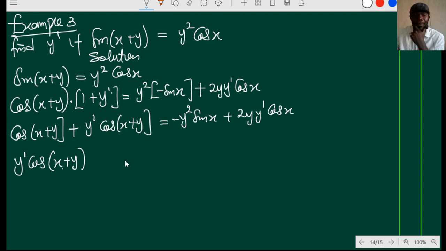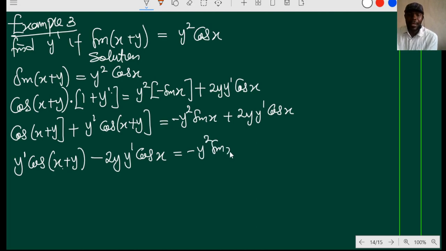By taking it to the left side, we have minus 2y y1 cos x, which is equal to, so this one is minus already, so we now have minus y squared sine x minus cos x plus y. You can collect the like terms in this form.